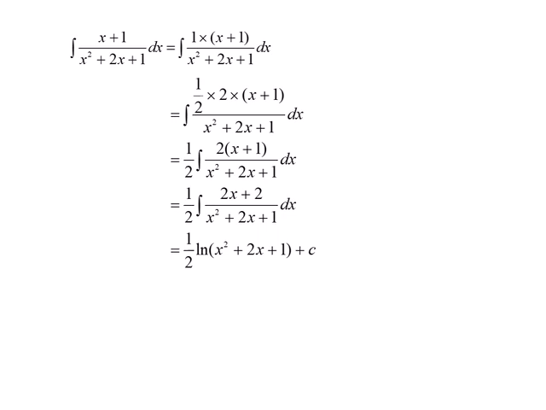Since we have been able to do it in this way, because we have it as 1 over 2 multiplied by 2 multiplied by x plus 1, it is the same thing as the initial value given at the numerator. So we can easily have our answer as half ln x squared plus 2x plus 1 plus c. So that is how we arrive at that answer.